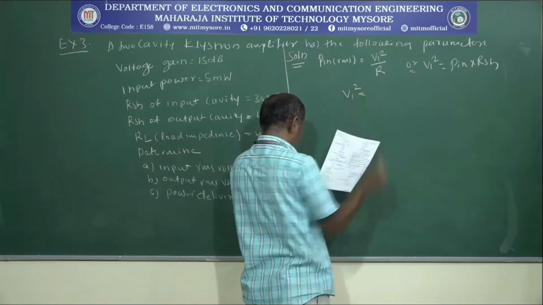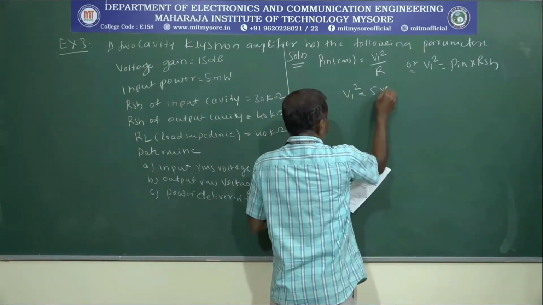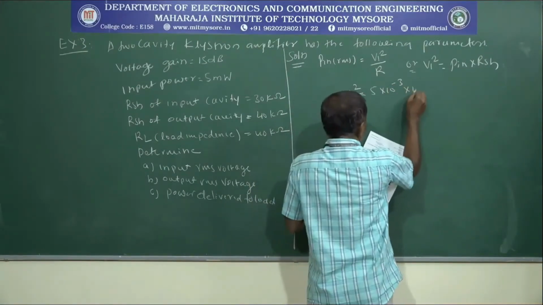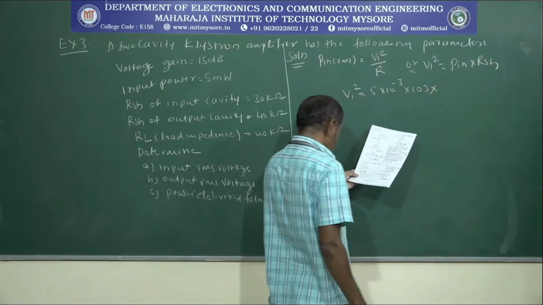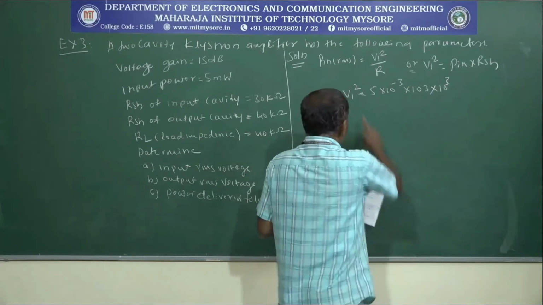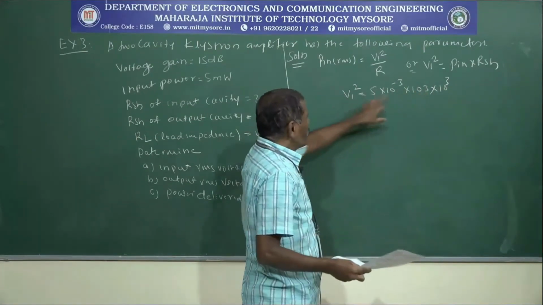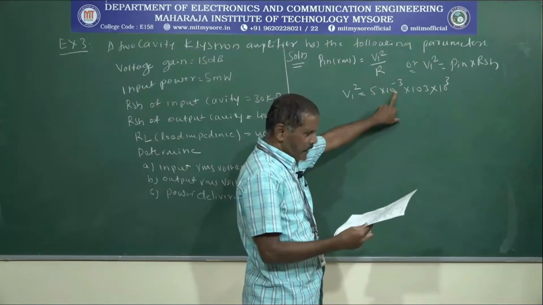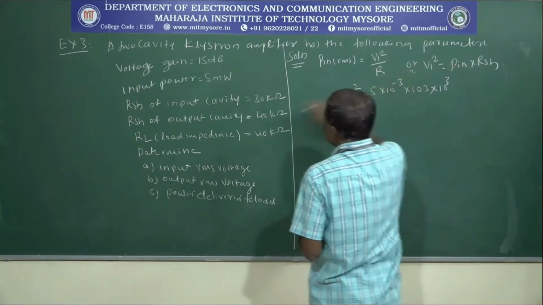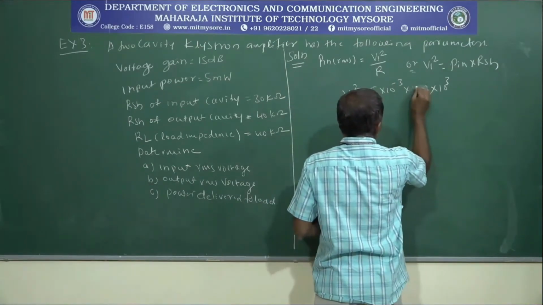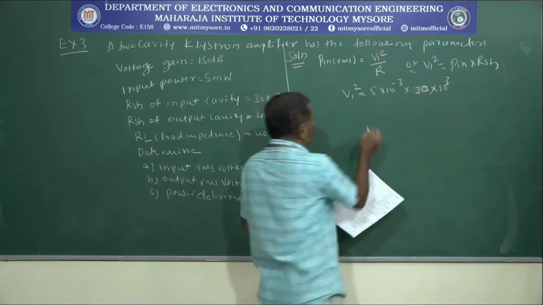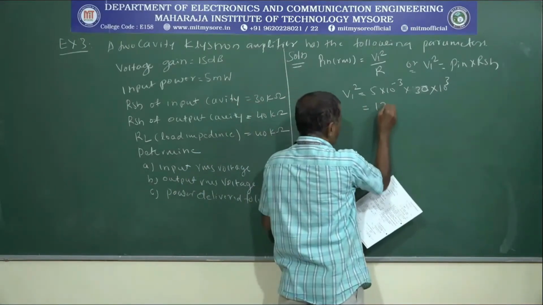Therefore, V1 square is equal to 5 into 10 to the power of minus 3, into 30 into 10 to the power of 3. P in is 5 milliwatts, into RSH. RSH is 30 kilo ohms, which is 30 into 10 to the power of 3.